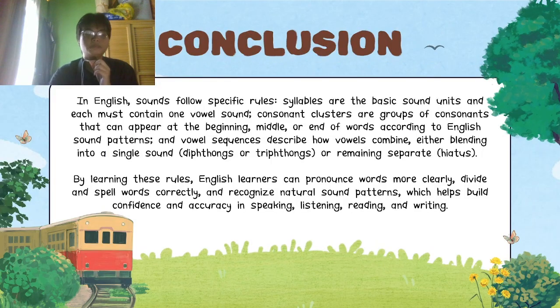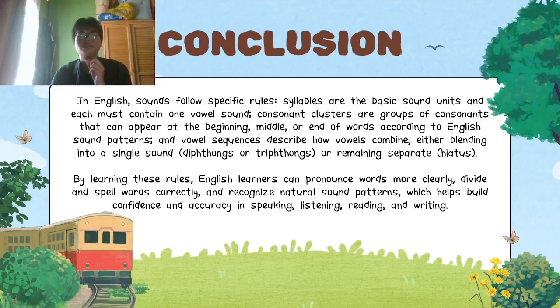And the conclusion is, in English, sounds follow specific rules. Syllables are the basic sound unit, and each must contain one vowel sound. Consonant clusters are groups of consonants that can appear at the beginning, middle, or end of words according to English sound patterns.